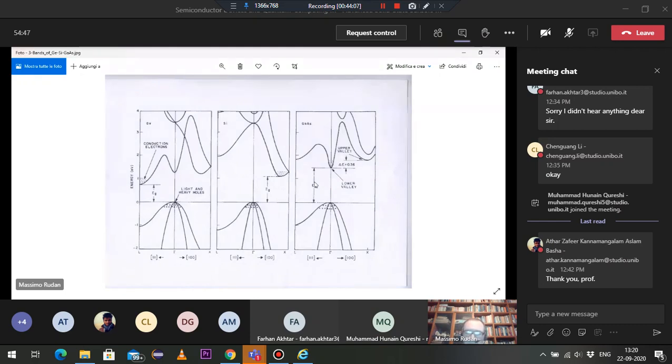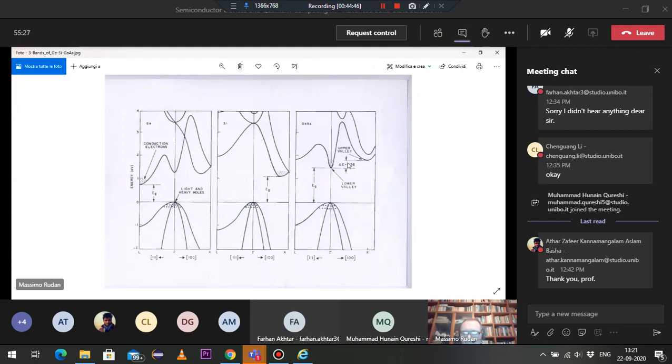Finally, there is another observation that we can make about gallium arsenide. You see that gallium arsenide has an absolute minimum of the conduction band in the gamma point, but then there is another minimum, not an absolute minimum, but another minimum, still in the conduction band, whose value is not so much displaced with respect to the absolute minimum.